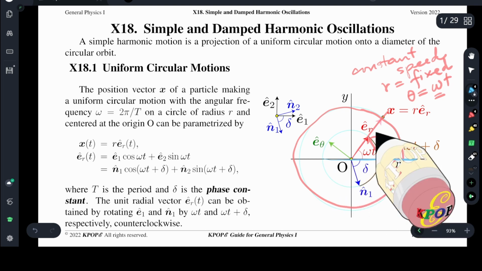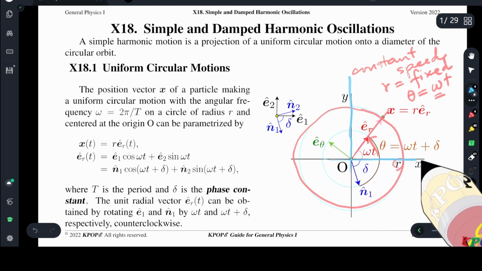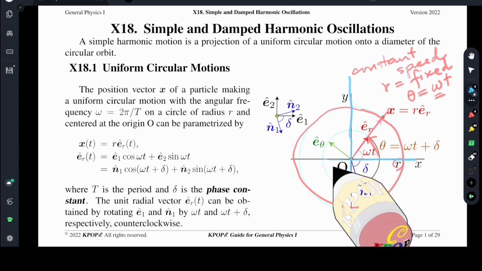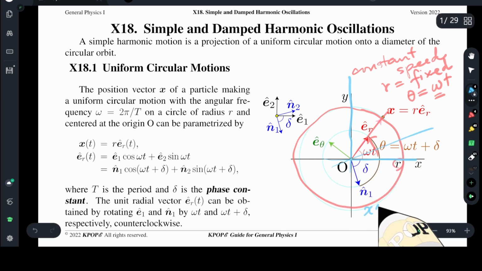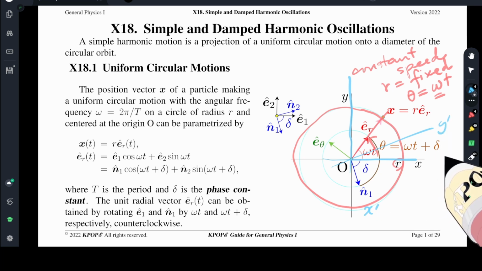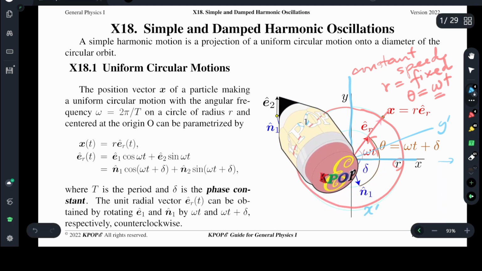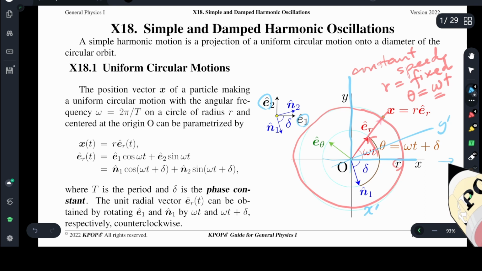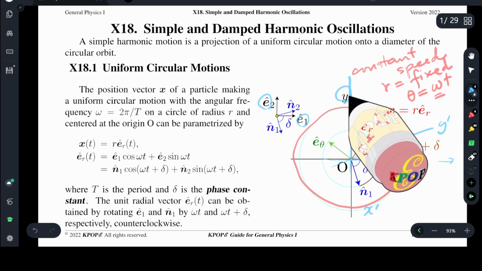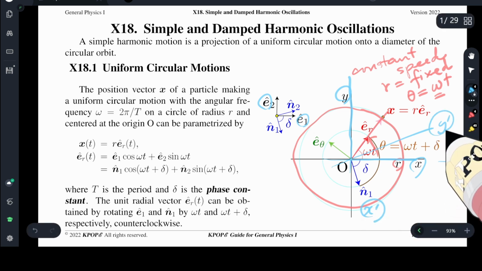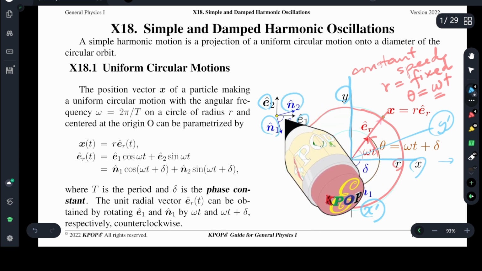Here we have chosen the simplest choice, xy axis. We can choose another xy axis. Suppose that this is x prime and y prime. If we introduce unit Cartesian basis vectors e1 and e2 for the x and y axis, we can also introduce unit Cartesian basis vectors for x prime and y prime to be n1 hat and n2 hat.